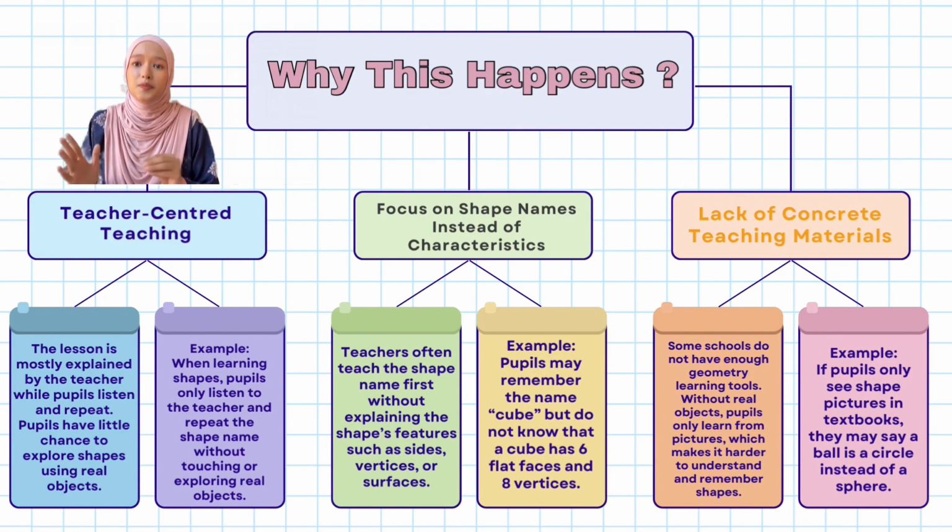For example, if people only see pictures, they may say the ball is a circle instead of a sphere. In conclusion, teacher-centered teaching focused on memorization and lack of concrete material are the main reasons why people have difficulty remembering and understanding 3D shapes.